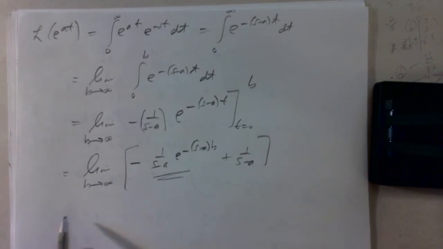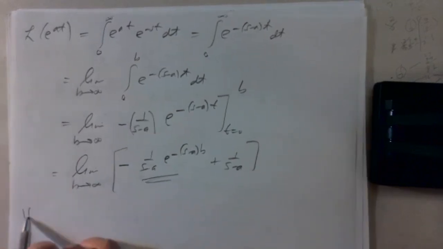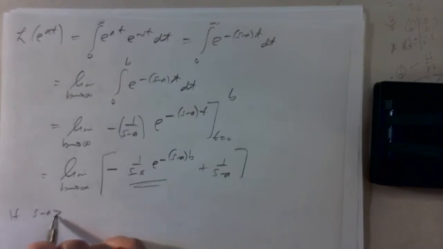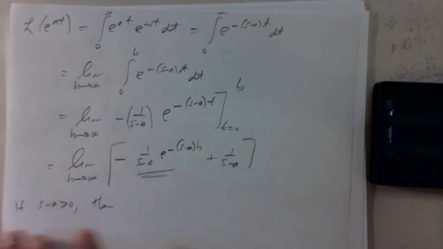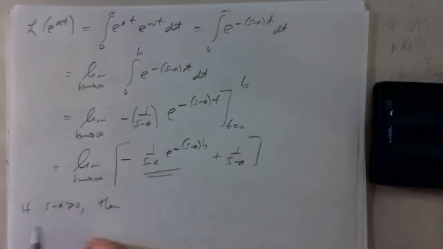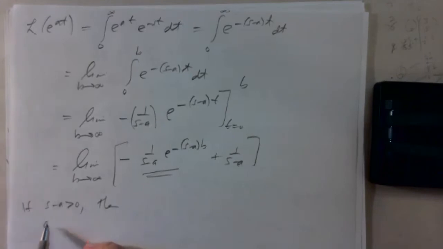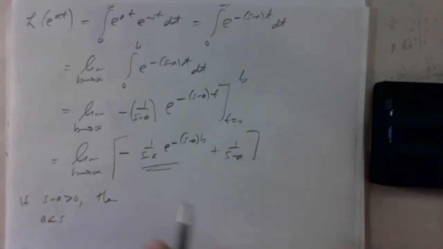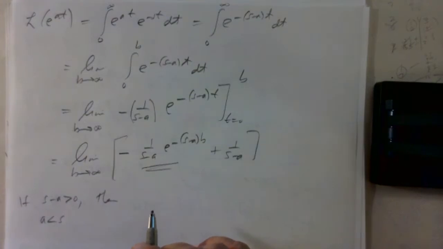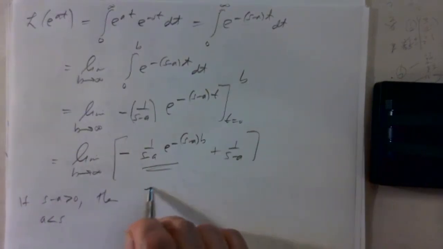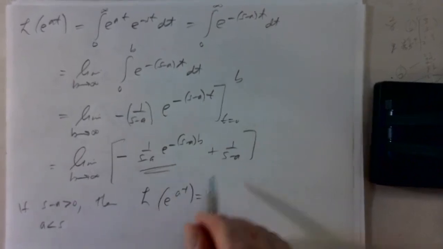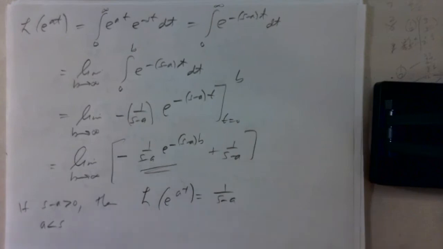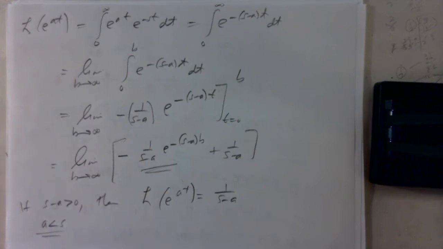So if s minus a is greater than 0, in other words, if a is less than s, then the Laplace transform of e to the at is 1 over (s minus a) for s bigger than a.